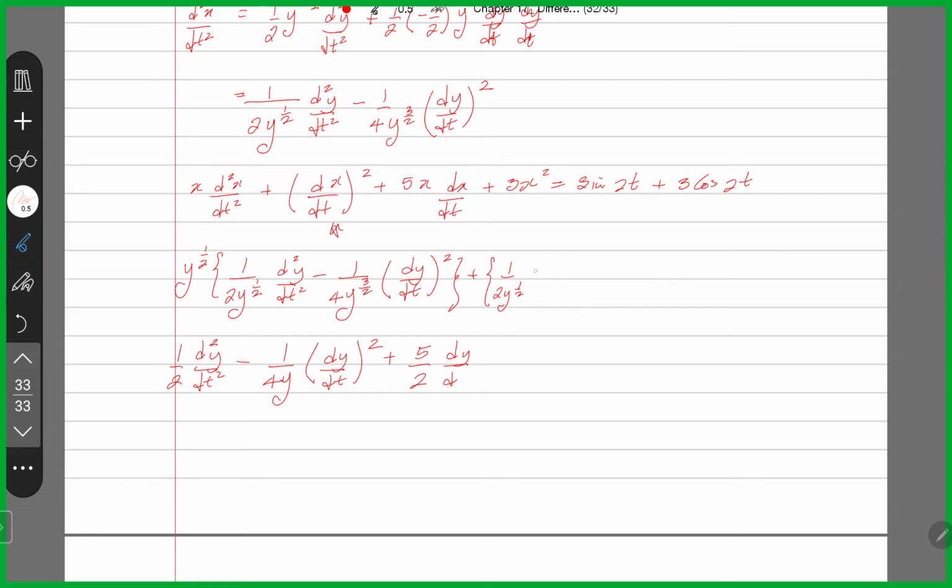And then we have dy by dt squared plus 5x, which is y to the half, dx by dt, which is 1 over 2y to the half, dy by dt, plus 3x squared, which is 3y, is equal to sine 2t plus 3 cos 2t.